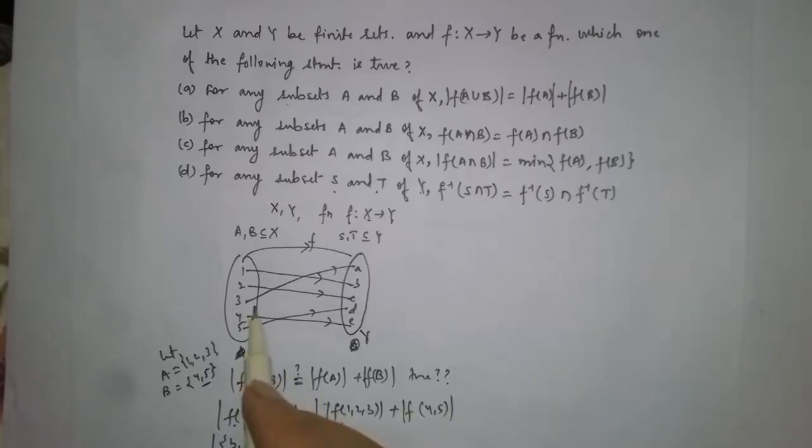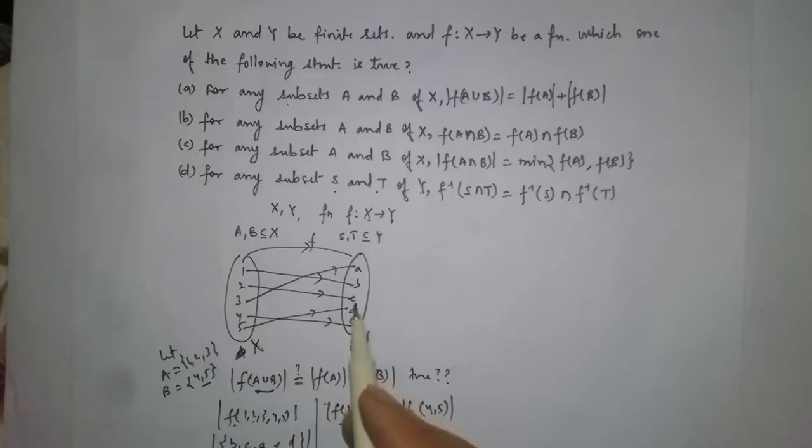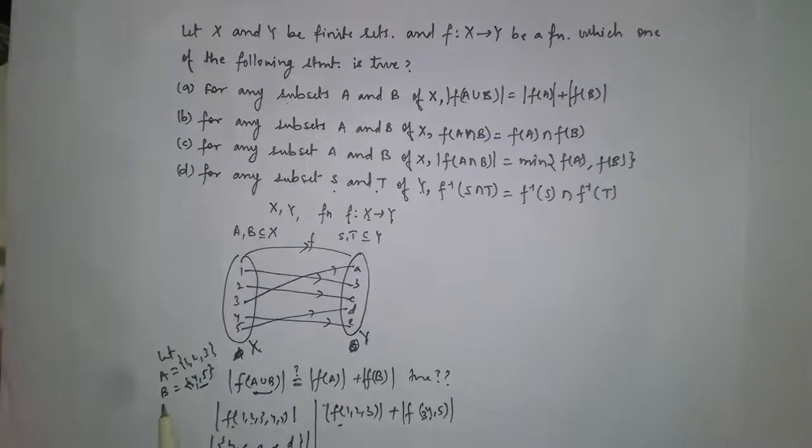Sorry, let's take B equal to {3, 4, 5}. So f(A) is f({1, 2, 3}), f(B) is f({3, 4, 5}), and f(A ∪ B) is f({1, 2, 3, 4, 5}).